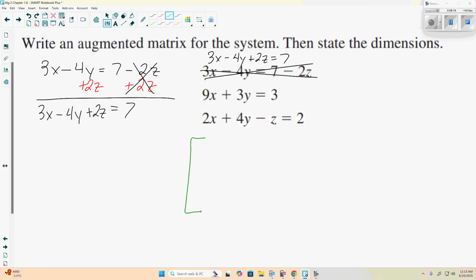So if we write our matrices, the first equation, our numbers going from left to right would be 3, negative 4, 2, 7. Our next equation, 9, 3, because this equation does not have a z, yes?